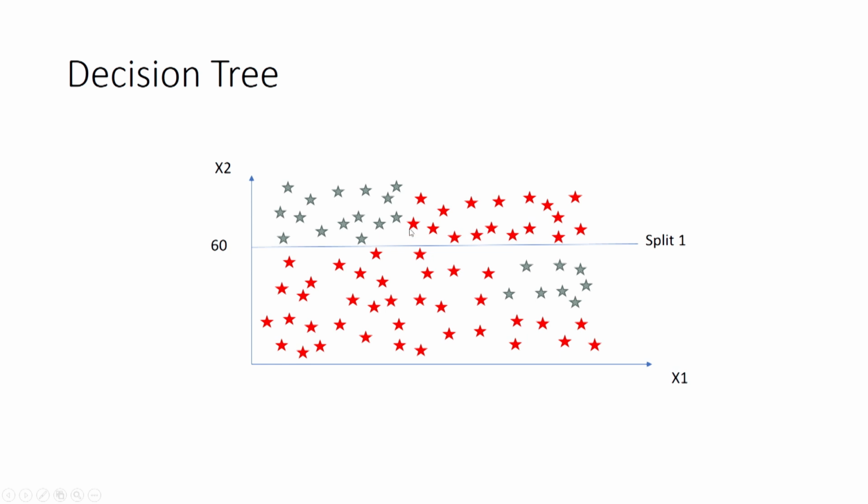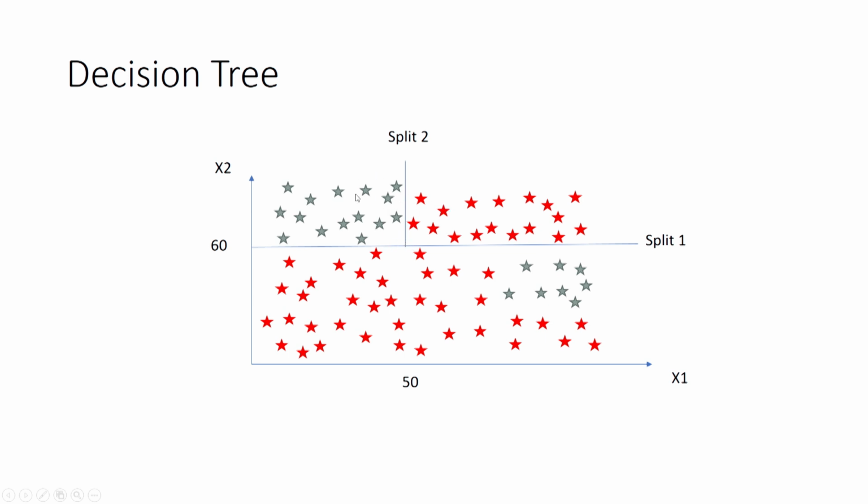Now, as we have already seen how a decision tree works in the case of a regression problem, the idea is the same. This data set will be split. Suppose first it is split here. Now this is one subset, and this is another subset of the data set. This portion is again split.